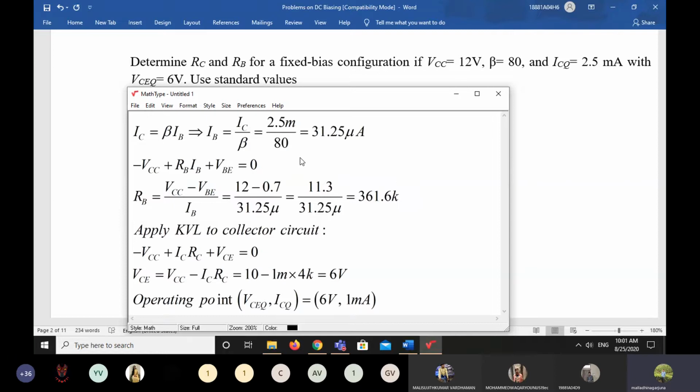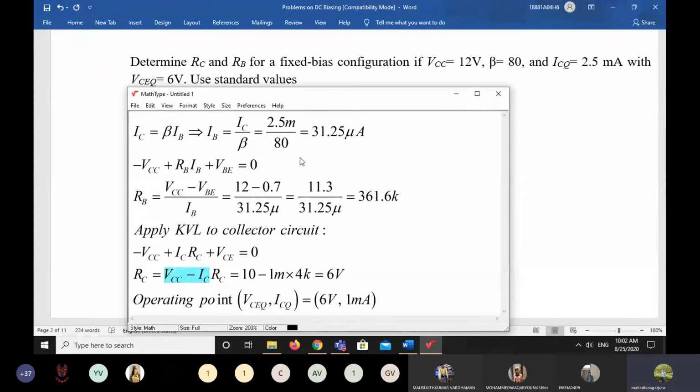So next apply the KVL to the collector circuit here. The equation is minus VCC plus IC RC plus VCE, but here we need to calculate the RC value.